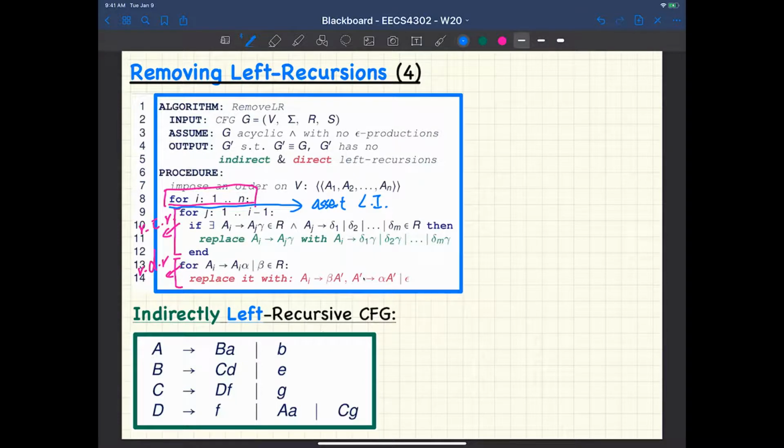I'll give you a little bit of a hint. If the current value of i is, let me just make it 3, to make it a little bit easier.